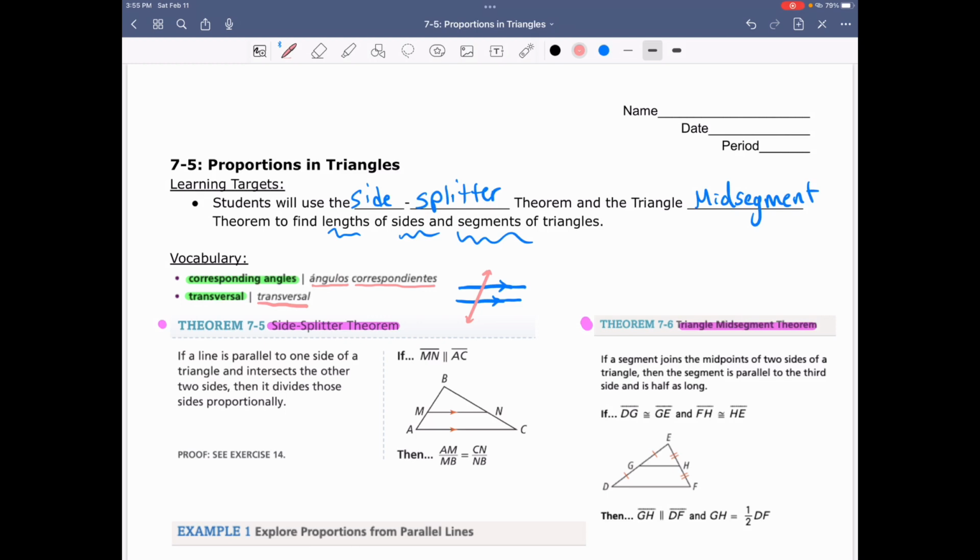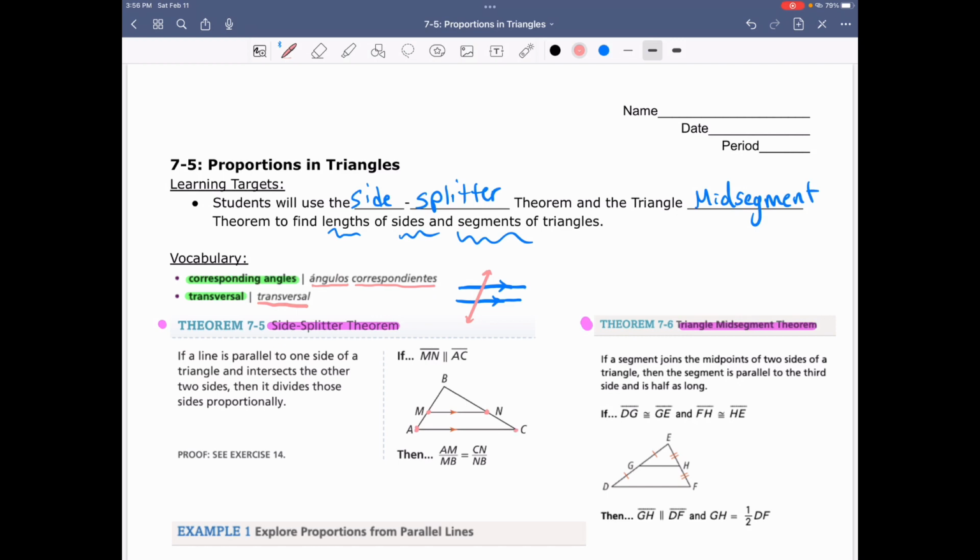So what is the side splitter theorem? If a line is parallel to one side of a triangle and intersects the other two sides, then it divides those sides proportionally. So you can see that we have two parallel lines, and this one is intersecting at M and N, parallel to the base AC.